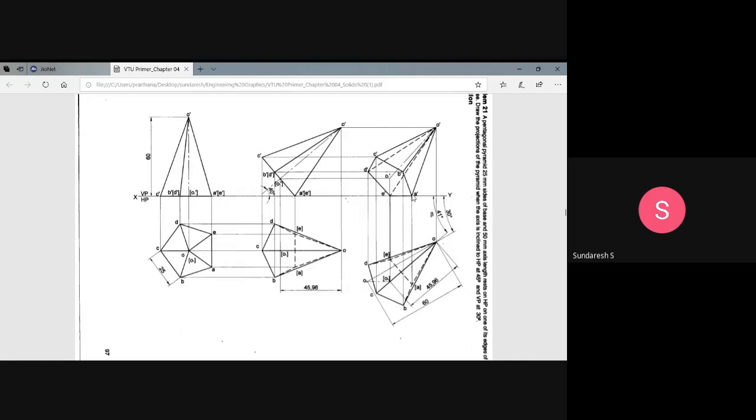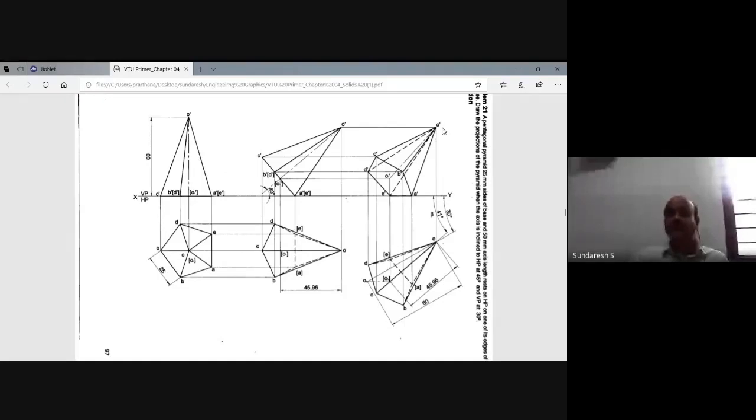Got it? Next, what happens to the slant edge O dash A dash? It is forming an outline, so it has to be a continuous line, whereas O dash C dash is also an outline. You have to show it as a continuous line. What happens to O dash and B dash? O dash B dash is nearer to the observer, which is visible in the front view, so it is also a visible edge.